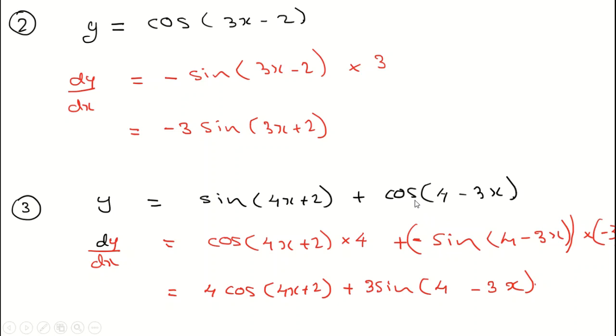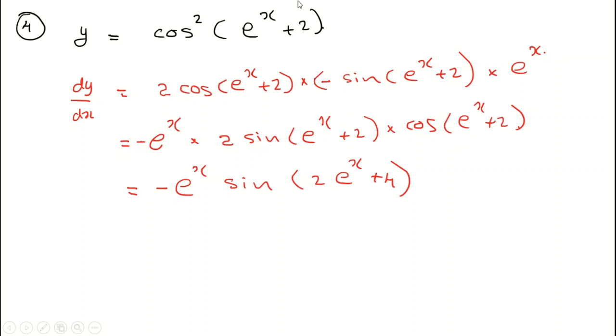When you differentiate cos, it is minus sin of 4 minus 3x, this is minus 3. This minus and this minus will make it positive, right? So this will give you 4 cos of 4x plus 2 plus 3 sin of 4 minus 3x. This became plus because of this and this. There are two minuses multiplying, it will make it plus.